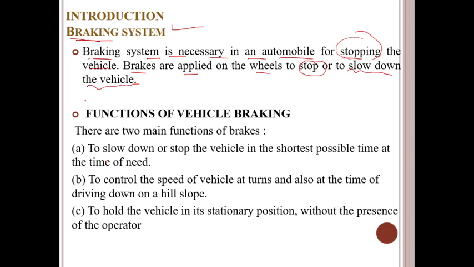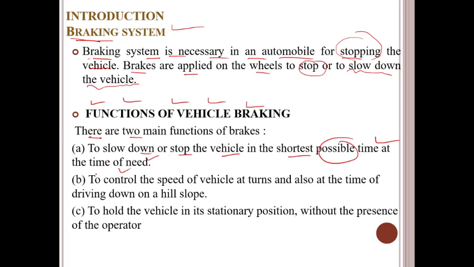Apart from that, what are the other functions of the vehicle braking system? There are two main functions of the brakes. What is the first function? First is to slow down or to stop the vehicles in the shortest possible time at the time of need.